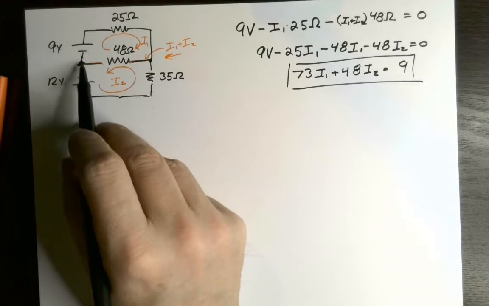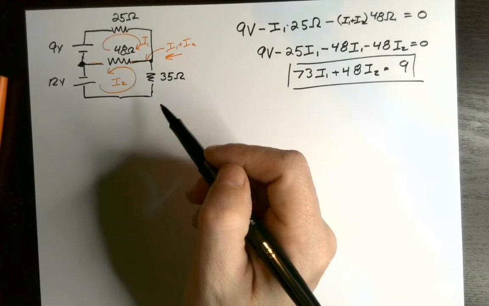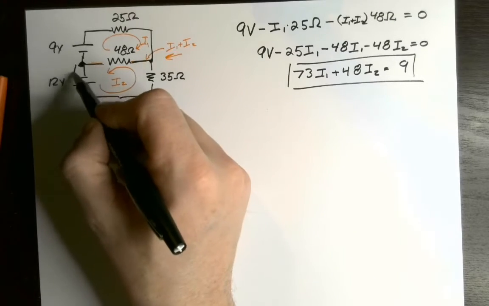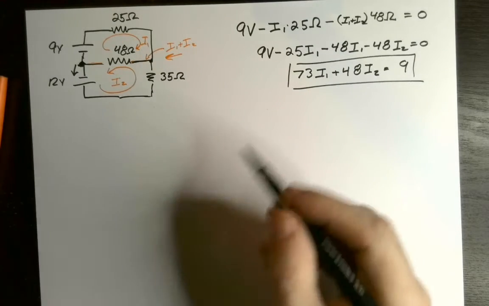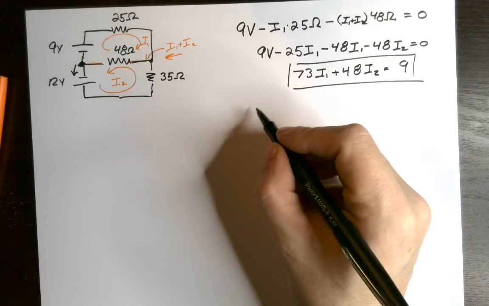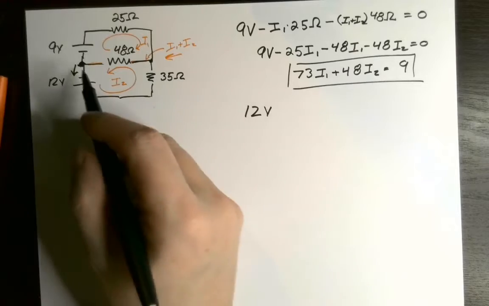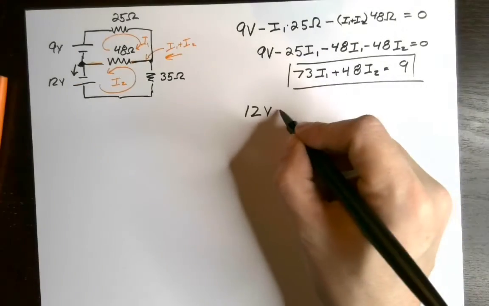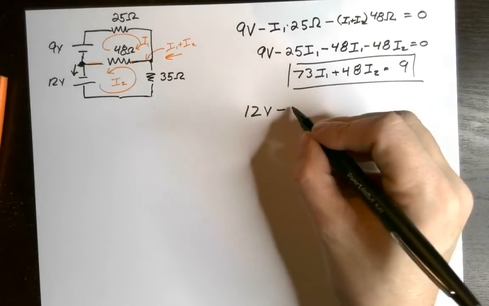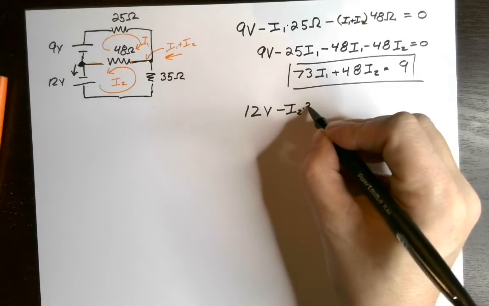Now do my other loop. I'm going to start here and I'm going to go around the loop that way. So the first thing I encounter is the 12-volt battery. I'm going from negative to positive, so that's an increase in electric potential, 12 volts. Then I go through this 35 ohm resistor, so there's going to be a voltage drop of I2 times 35 ohms.